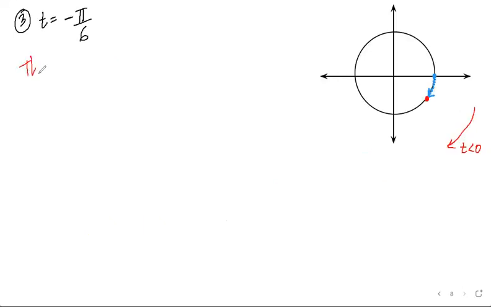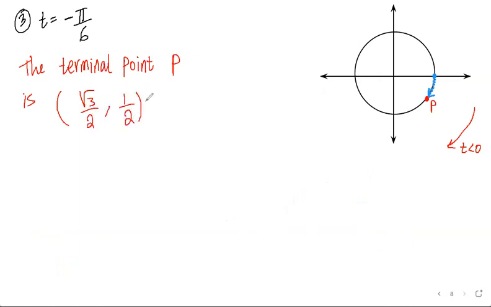So the terminal point B is the same as before, square root of 3 over 2 and 1/2, but the difference is in the sign.